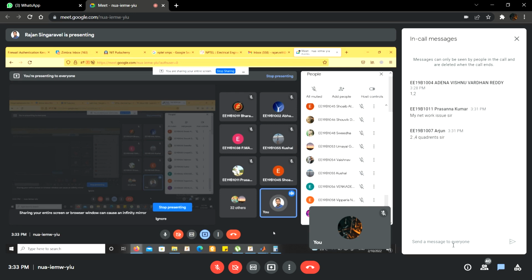Do you understand what is meant by quadrant first of all? Vishal, do you understand what is meant by quadrant? First of all, did you understand that?